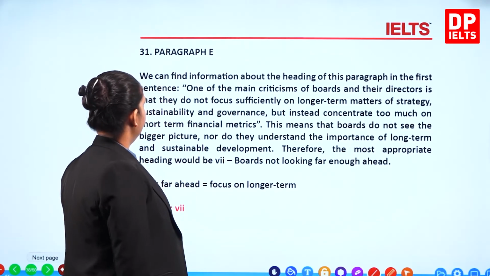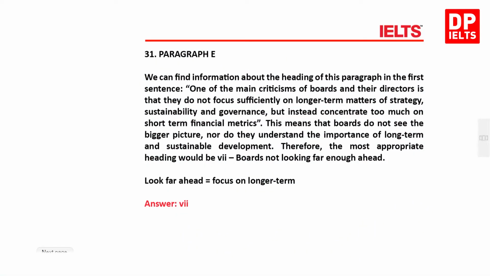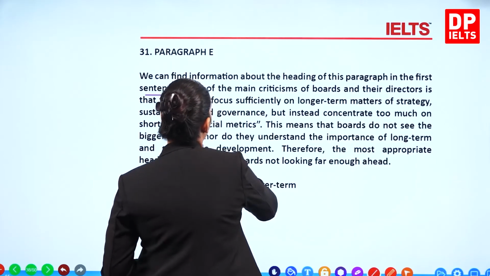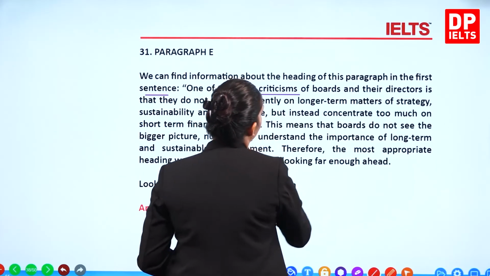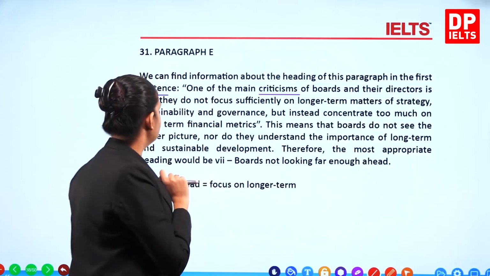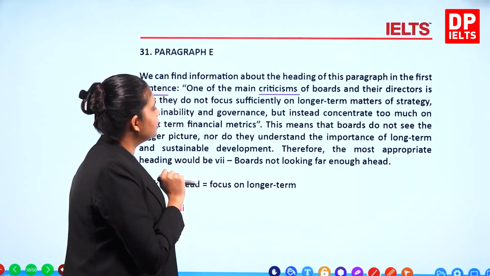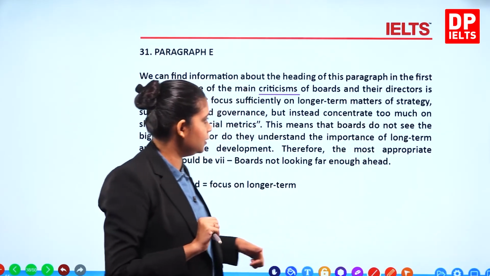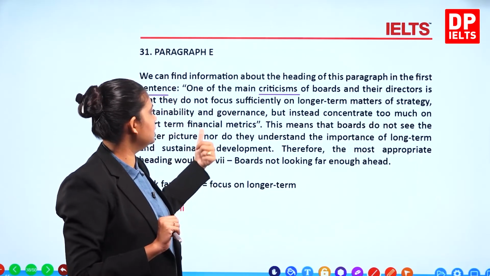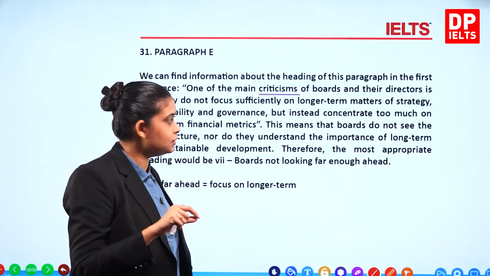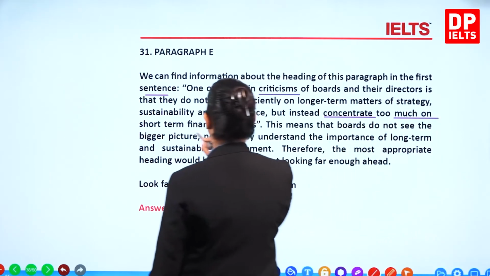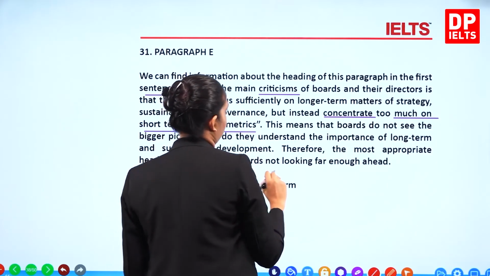Para E. Okay. We find information about the heading of this paragraph in the first sentence. One of the main criticisms of the board and their directors is that they do not focus sufficiently on longer-term matters of strategy, sustainability and governance, but instead concentrate too much on short-term financial metrics.